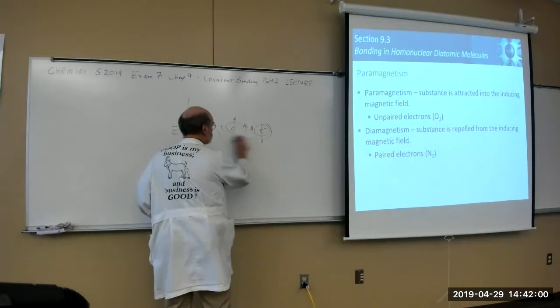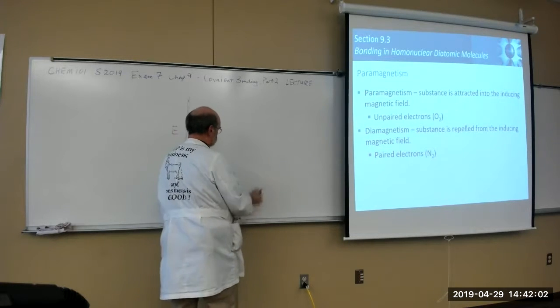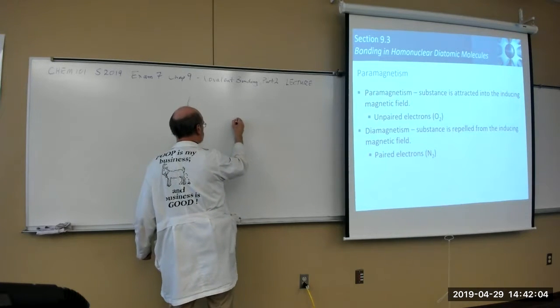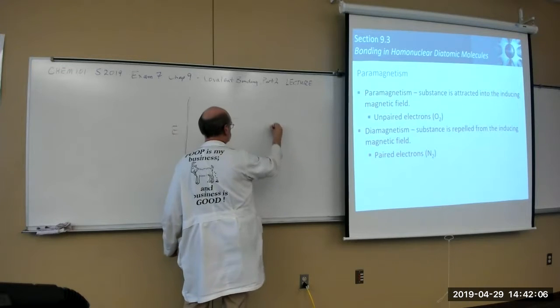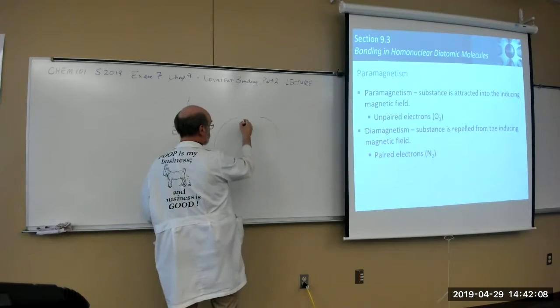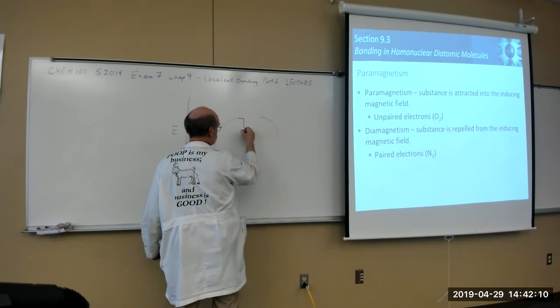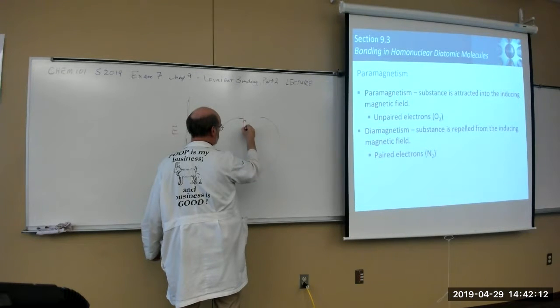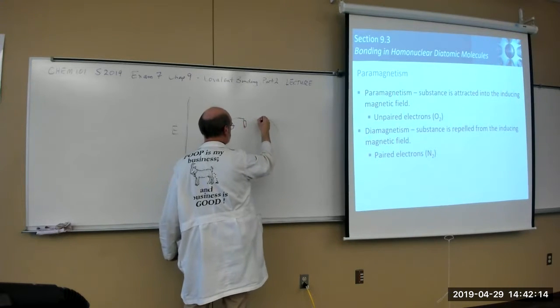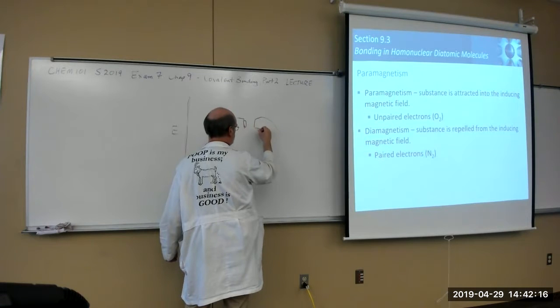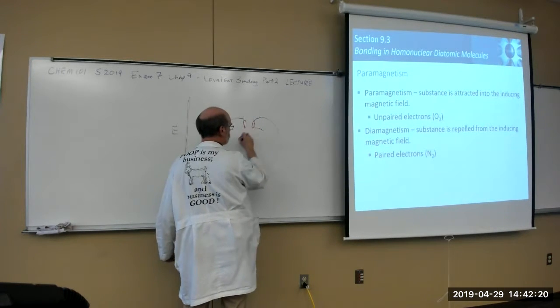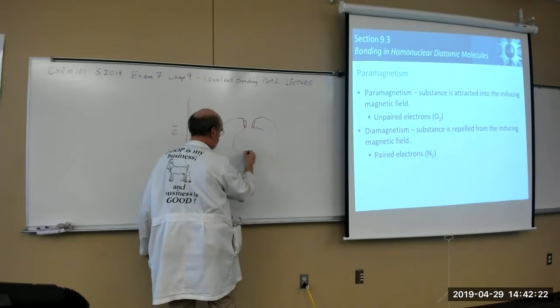If you've ever seen these big horseshoe magnets, they're huge, and that's about the right size. They might have a little disc there, a little disc there, and there's a strong magnetic field in that gap.